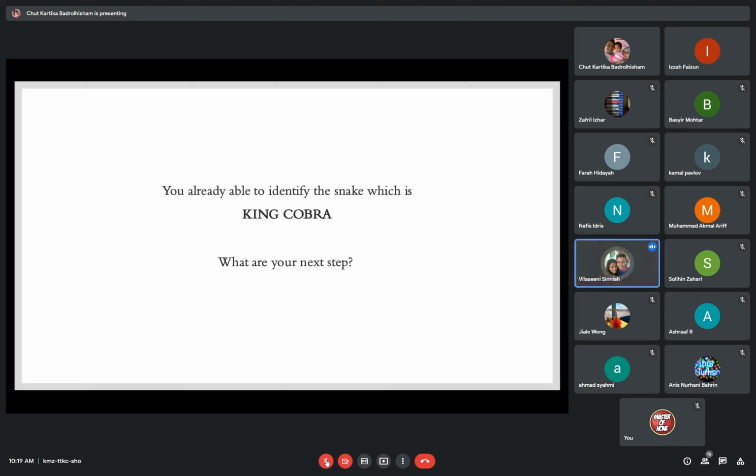Yes, when you want to look for the signs, you're going to look for the ptosis, muscle paralysis, respiratory depression. So you have acute respiratory distress, and then upper limb or lower limb paralysis. So it is important for more of a neurotoxicity sign. Okay, boleh proceed? Alright.